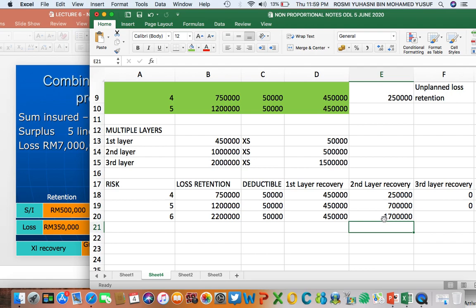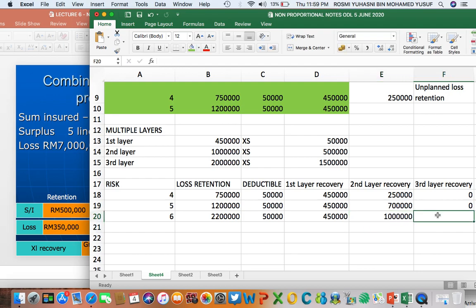Is this the amount paid by the second layer? Is this 1.7 million paid by the second layer? We know that the second layer has only a maximum of 1 million, meaning that the second layer will only pay up to 1 million.